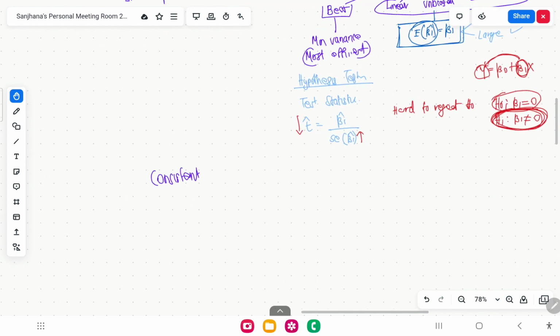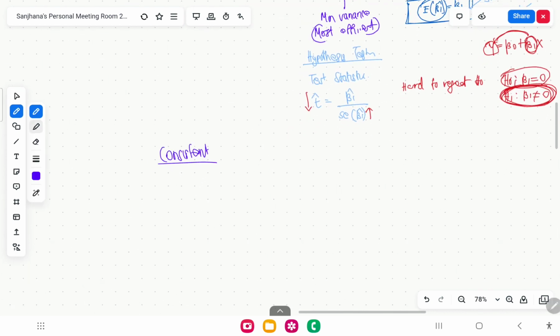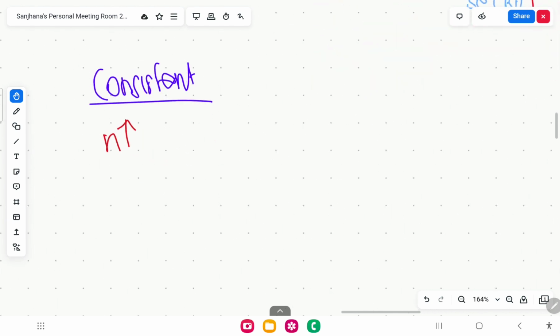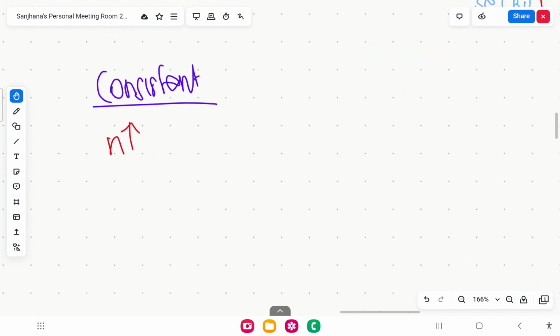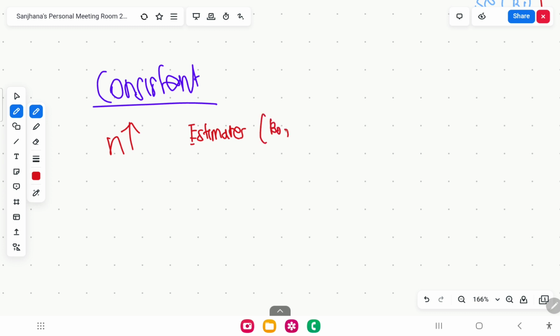What we mean by consistency is that when the sample size increases, the estimates converge to the true population parameters. The estimates, that is beta naught cap and beta 1 cap, are said to converge. That means they get closer, not equal, guys, but very close to the population parameters.